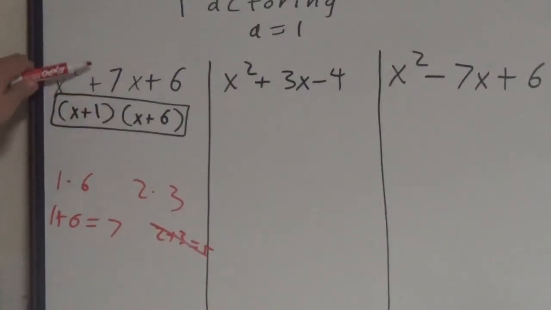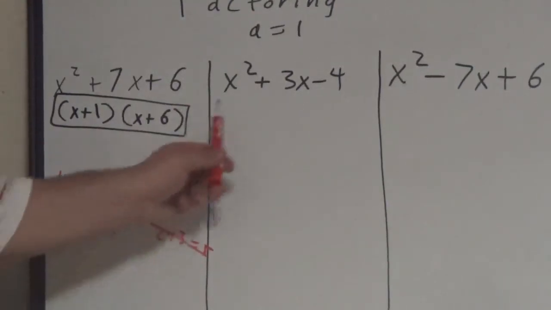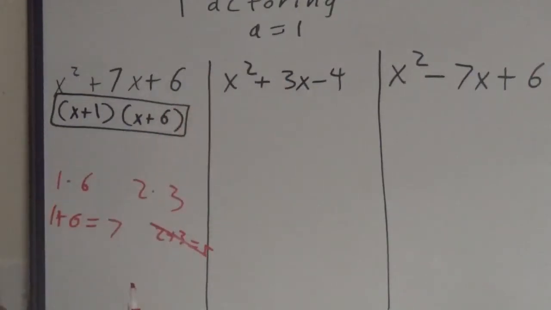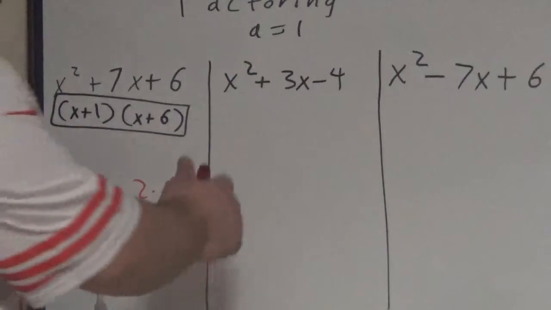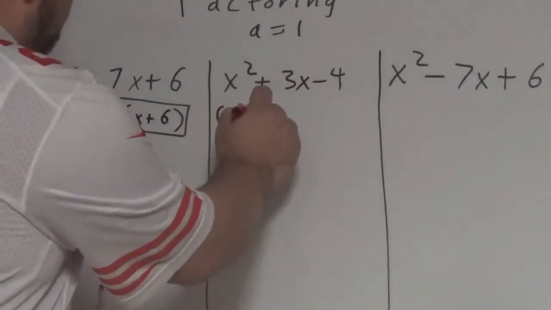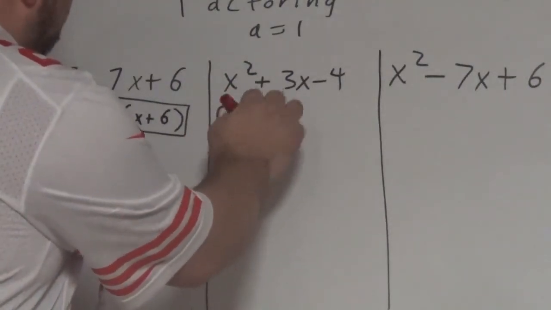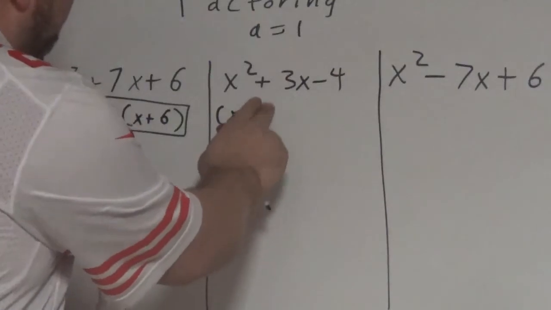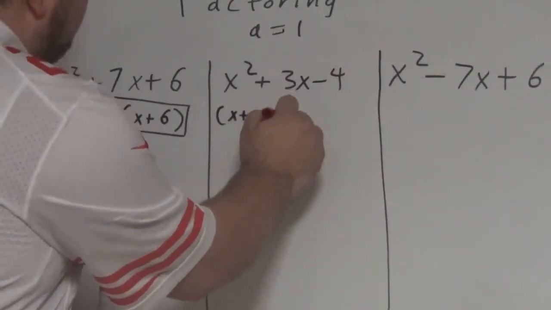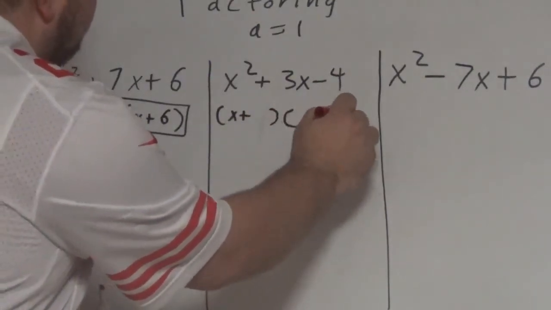Now when we have a positive and a positive, it's a lot easier. What if we have one where we have a positive and a negative? Well, same thing you start with. We're going to do our two parentheses.